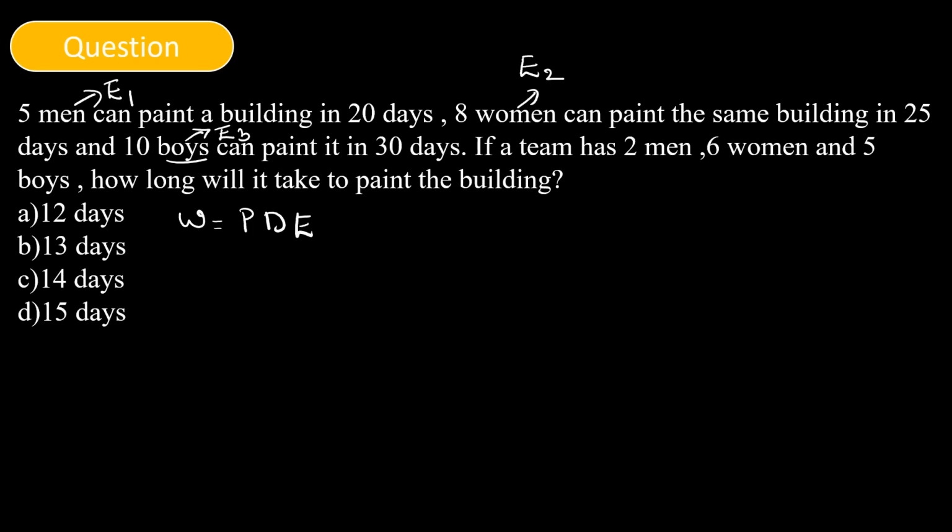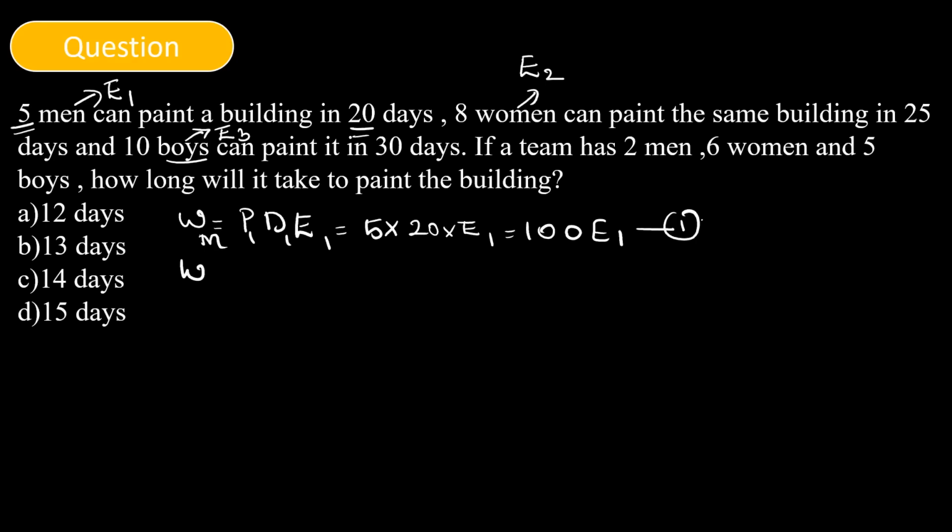So first we'll write the work done by men, that is P1 D1 E1, that is equal to number of men involved is 5 into number of days is 20 and the efficiency is E1, that is equal to 100 E1. This is the work done by 5 men.